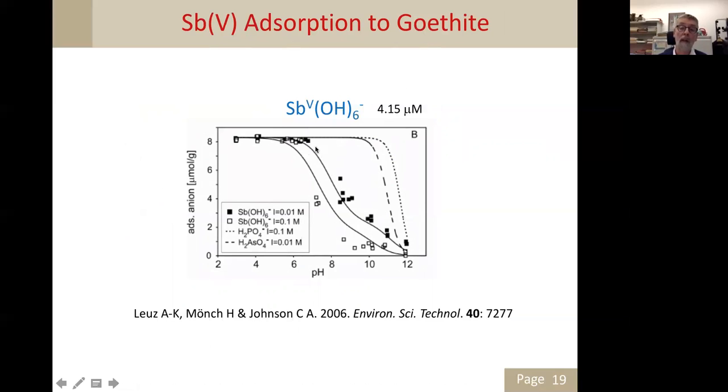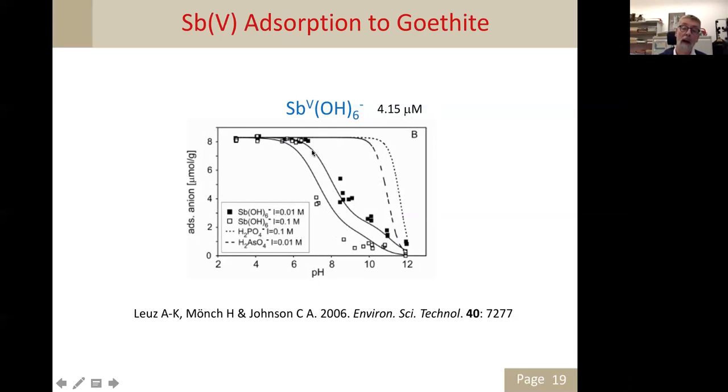And here you see a comparison of the adsorption of antimonate supplied at a concentration of 1.5 micromolar at different pHs, and compared for two ionic strengths, 0.01 molar, and the open symbols for 0.1 molar, so you see there's a difference. But it's also compared here to phosphate sorption and to arsenate sorption. So this is arsenate and this is phosphate.